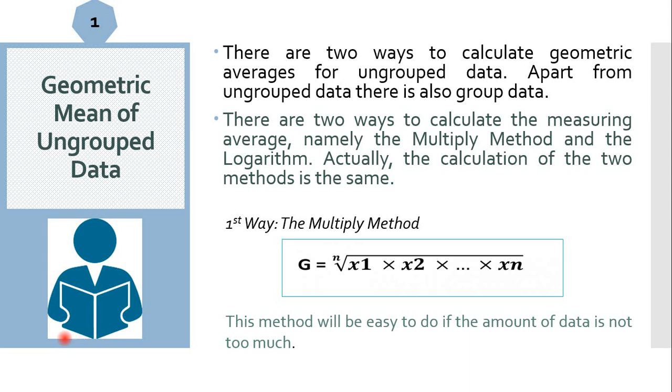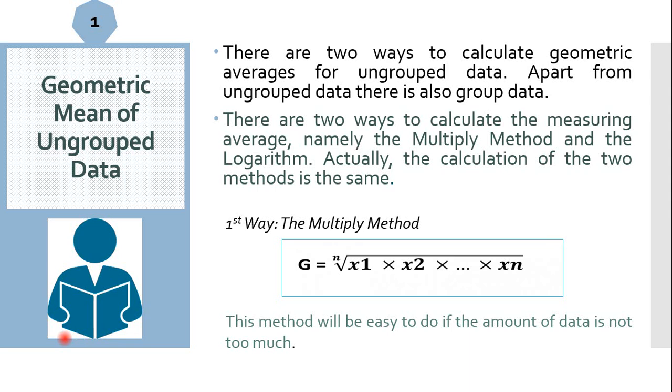The first one is for ungrouped data, the second one is for grouped data, and the last one is for measuring average growth. But we are just going to discuss the first two that I said, geometric mean for ungrouped data and geometric mean for grouped data.